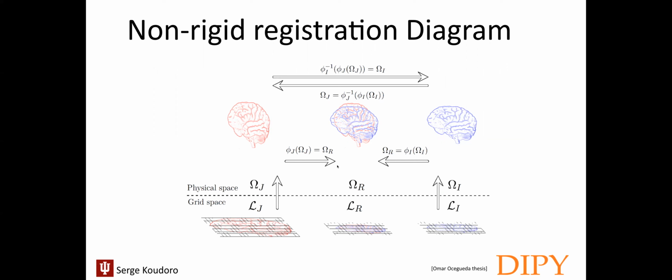To achieve independence from the image acquisition parameters, the transform needs to be done in the physical space. So for each data, we go from the grid space and interpolate in the physical space to ensure that we compare apples to apples.